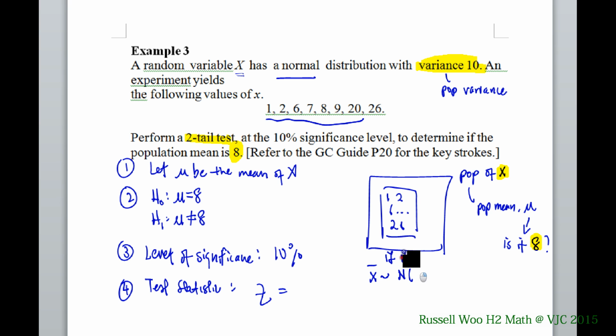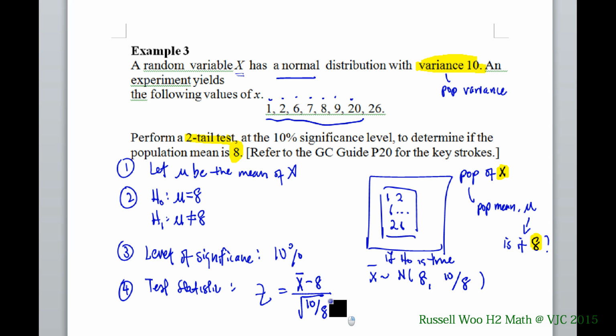If H0 is true, the mean should be 8, and the variance should be 10 over 8, since there are 1, 2, 3, 4, 5, 6, 7, 8 observations. Correct? Then clearly Z should be X bar minus 8 over the square root of 10 over 8.